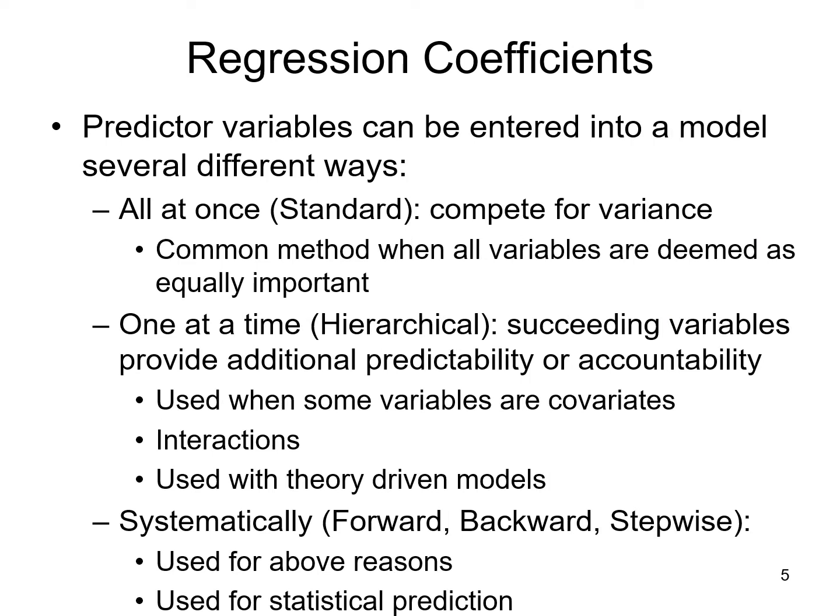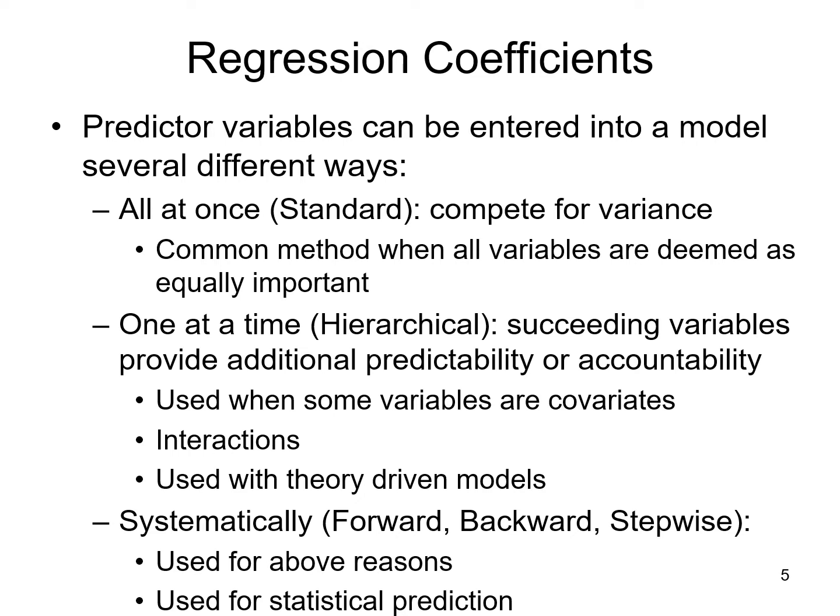So predictive variables can be entered into the model several different ways, and this is definitely an area where multiple regression differs from other statistical techniques that we've talked about. When you run a factorial ANOVA, it always treats the data the same way. Not so with multiple regression. You can treat multiple regression kind of like an ANOVA, and that's what we call standard entry.